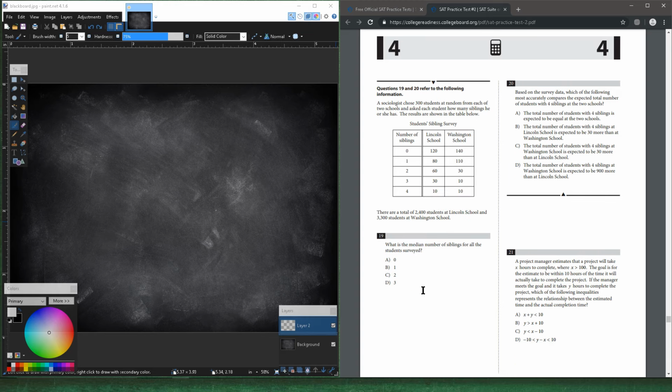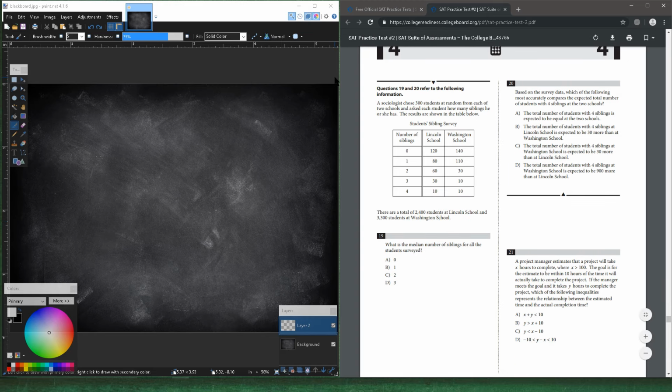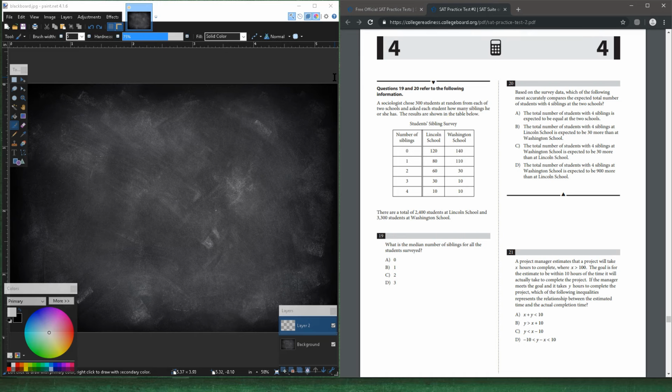For the median, since there's 2,400 students and 3,300 students, we have to add that together. So 2,400 plus 3,300 is 5,700. You divide that number by 2 because you want to look for the median, the 50%.